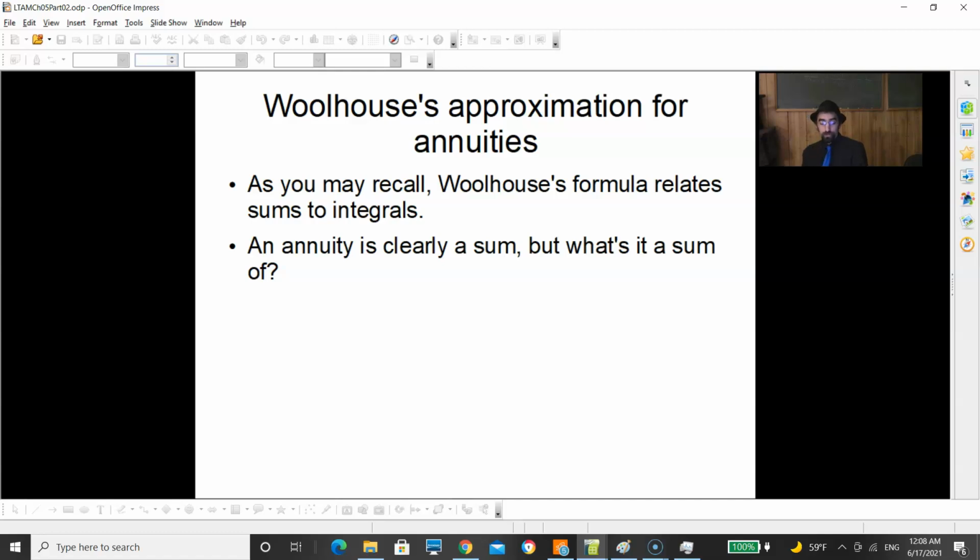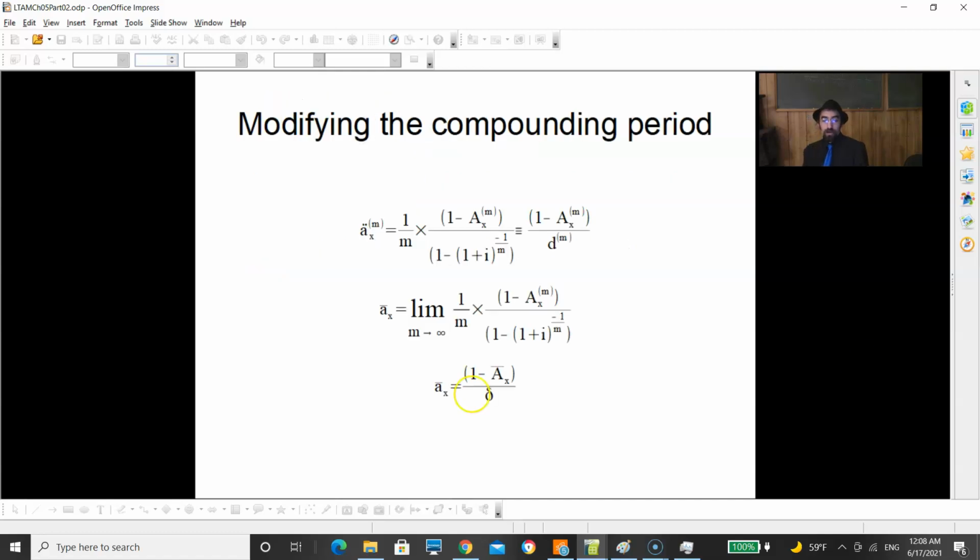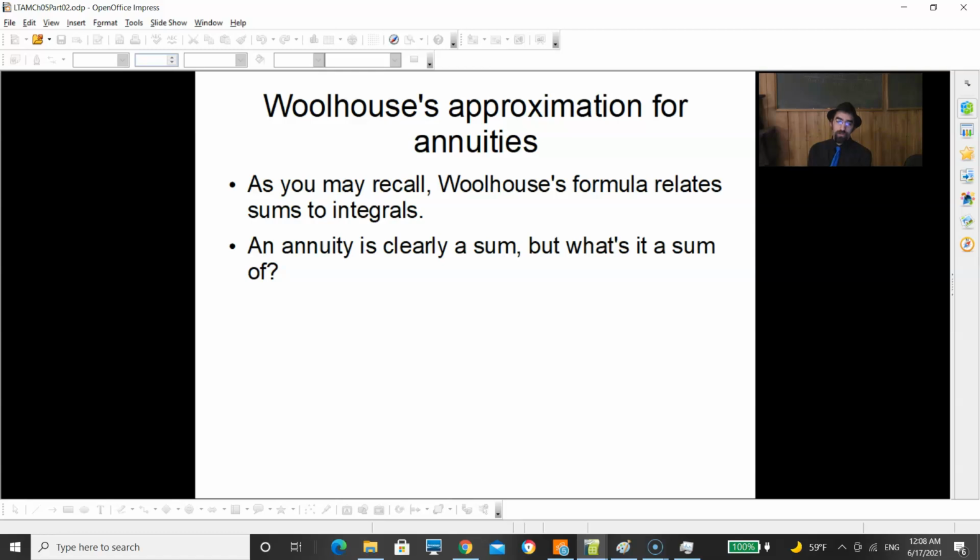So if we wanted to relate a bar sub x to a double dot sub x, well, a double dot sub x is clearly a sum of expected present values of payments. And so the continuous version of that would be an integral.